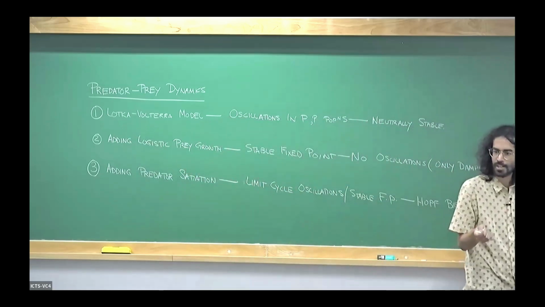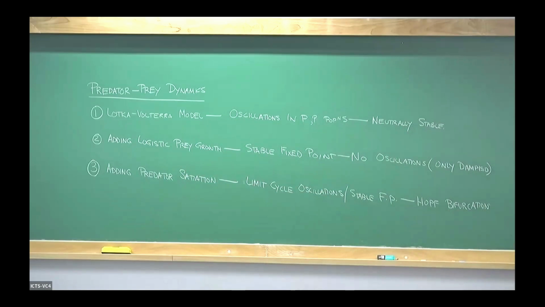This World War I story is Volterra's story. There's also presumably Lotka's story, which is not in the reading. Lotka's story is a little bit more boring than Volterra's story, and so the way that these sensational things go, we talk about Volterra's story. But Lotka was thinking also about these things, and he wrote down a very similar model. In fact, they published it in very quick succession, and so now we call it the Lotka-Volterra model.